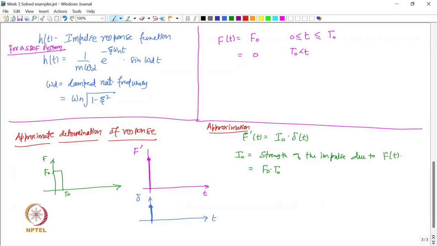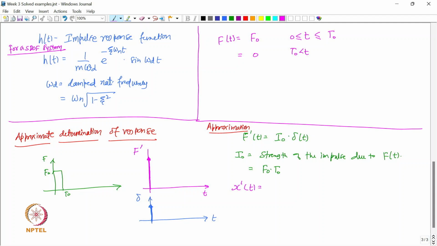So, once we have approximated the force f of t by f dash of t, now we can use the impulse response function to find the response, correct. So, now the response x, let me represent it by x dash, because it is the response found by approximating the force by f dash of t. So, it is not exactly the same as the true or exact response.